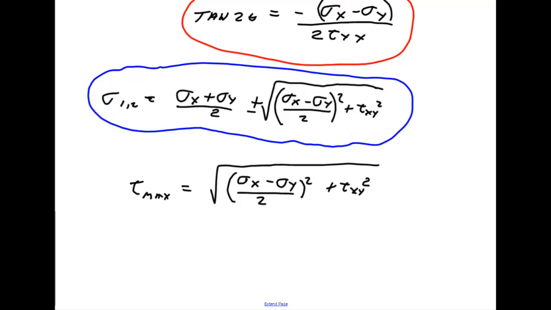Okay. Again, that's going to give you the maximum shear stress.